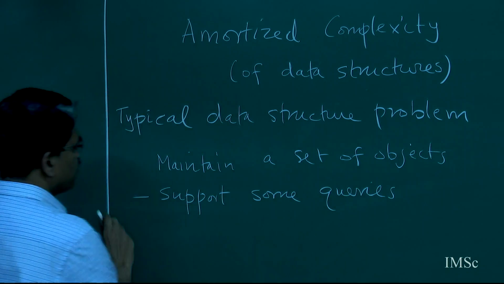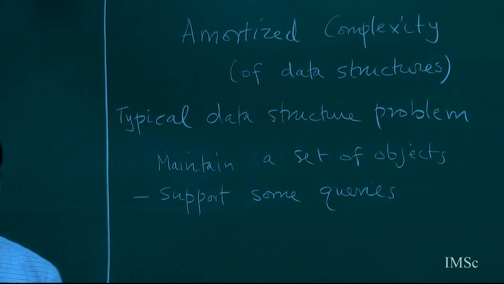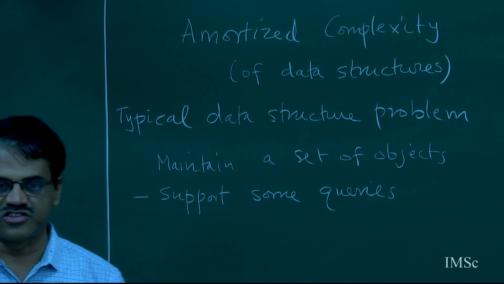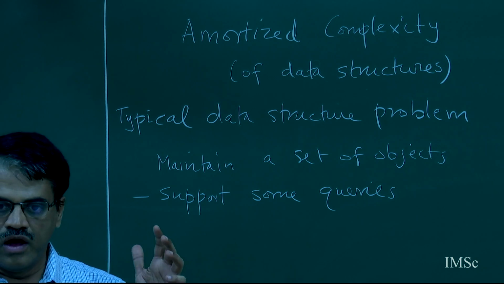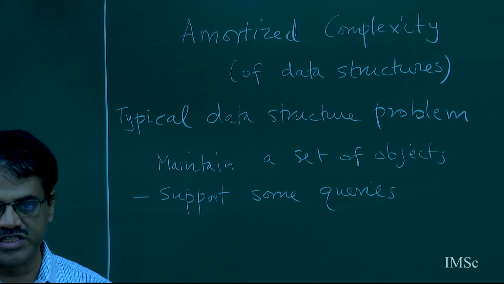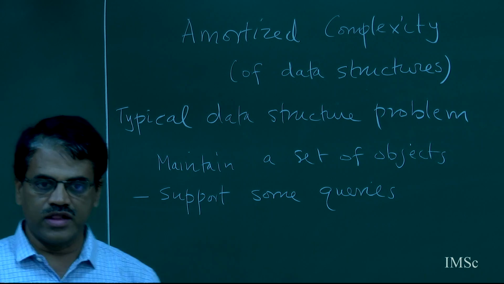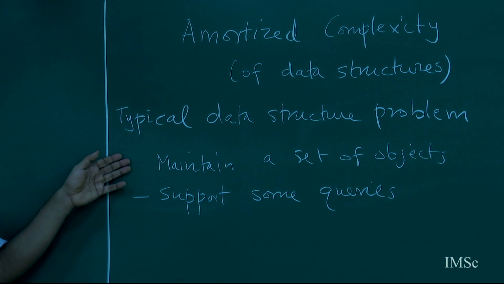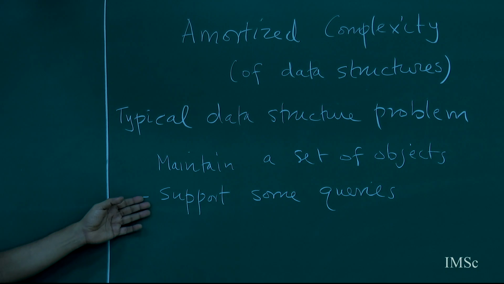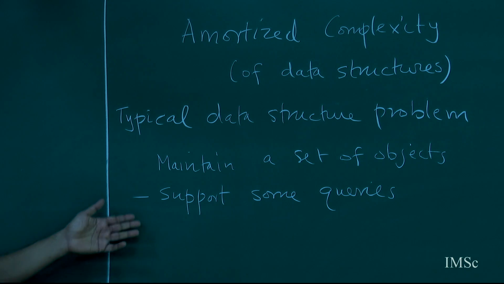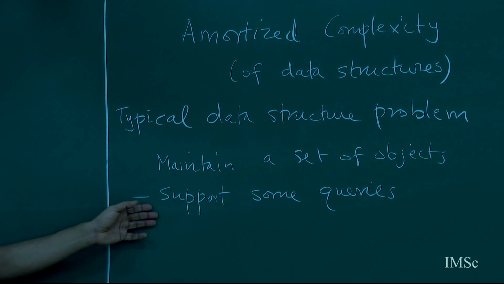These queries may change the data structure, some may not. An array, a linked list, a stack, a queue, a heap, a priority queue, a dictionary: these are all typical data structure problems where the objective is that you want to maintain something in an efficient way so that these queries, whatever you are asked to support, can be done efficiently.